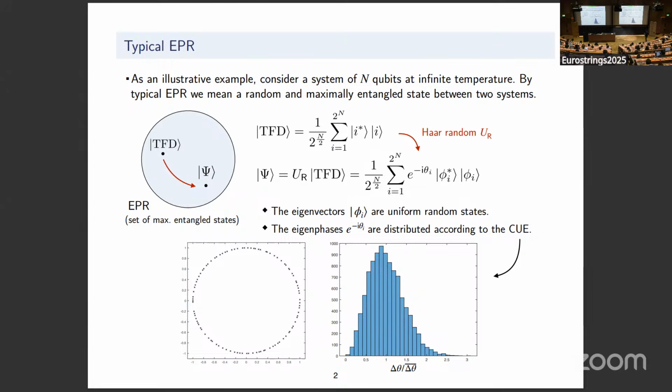And you see, statistically, nearby eigenphases are correlated in such a way that it's very unlikely for them to be close to each other. So in this sense, they repel each other. This is a defining property of the CUE. And as you see, the infinite temperature thermofield double is very atypical, because all of the eigenphases are essentially zero.